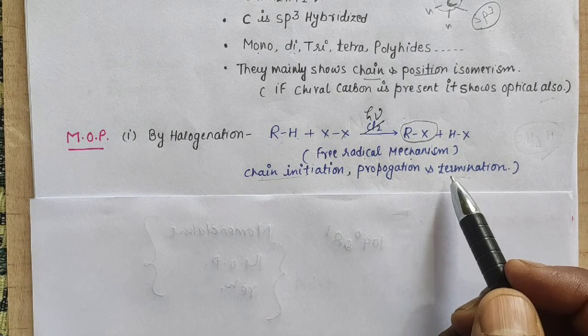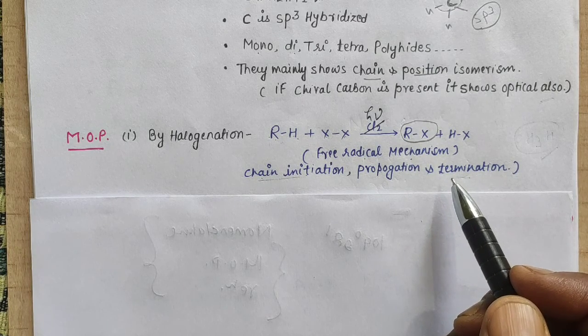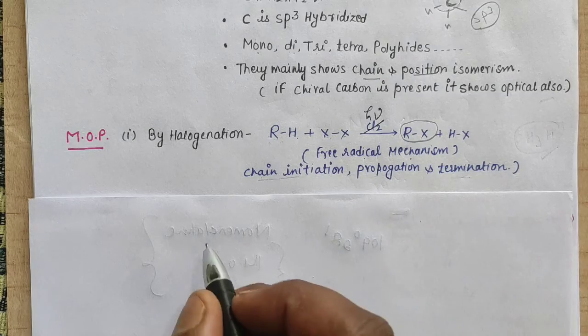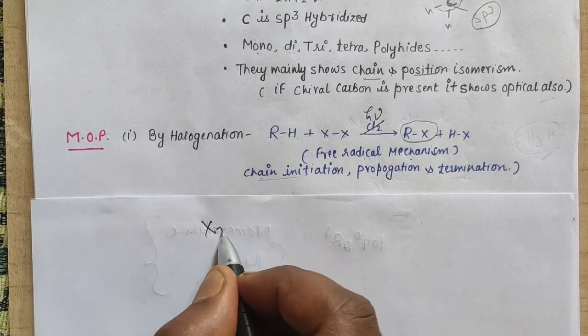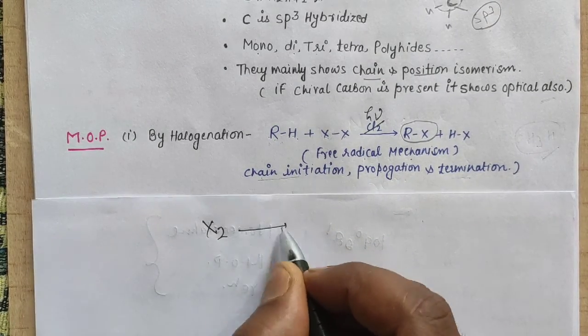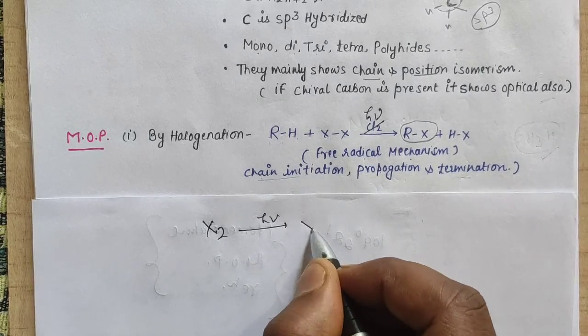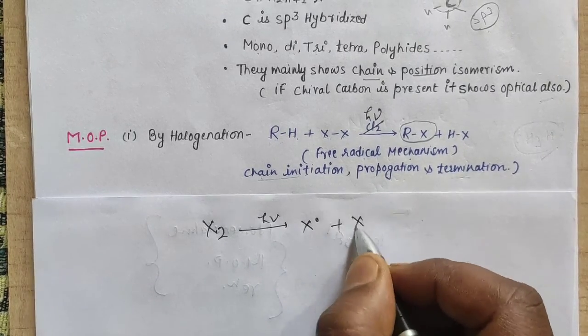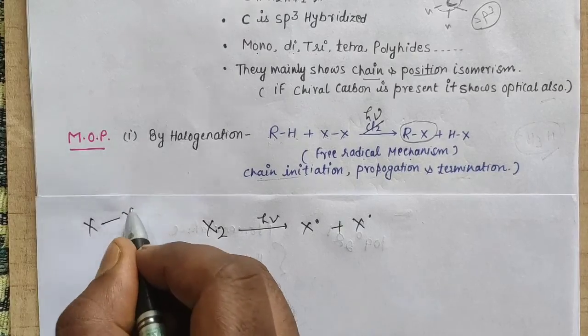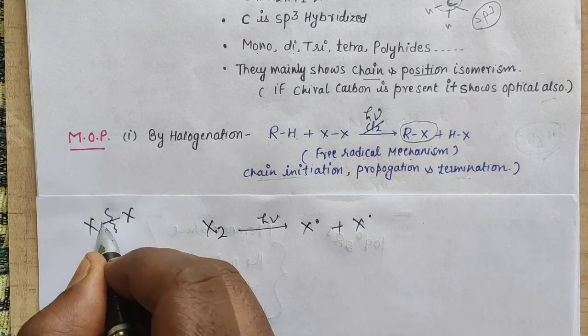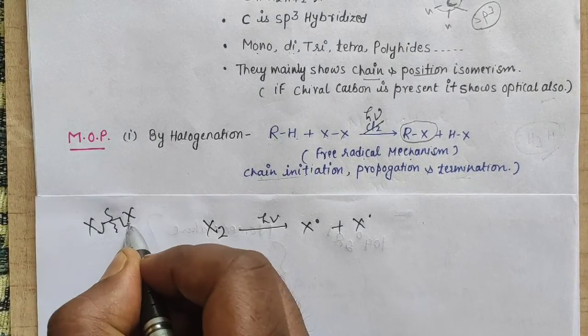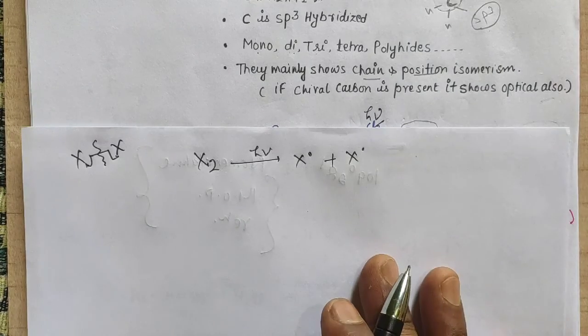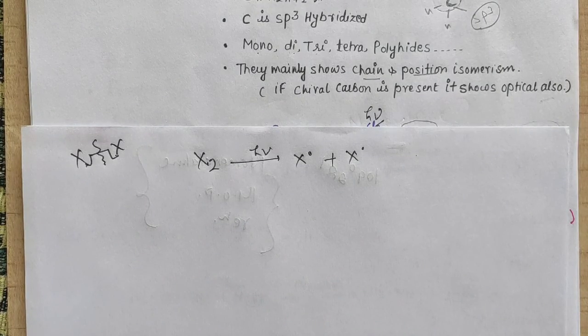In chain initiation, the X2 molecule in presence of h nu gives X free radical plus X free radical. This is homolytic fission, one electron goes to each halogen. This step is known as chain initiation.